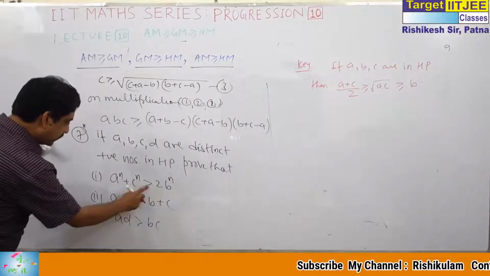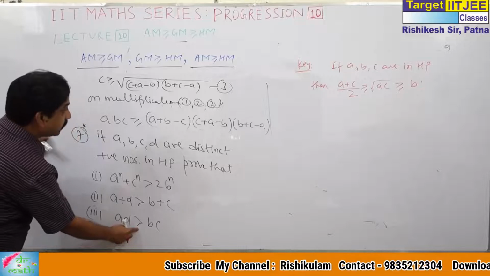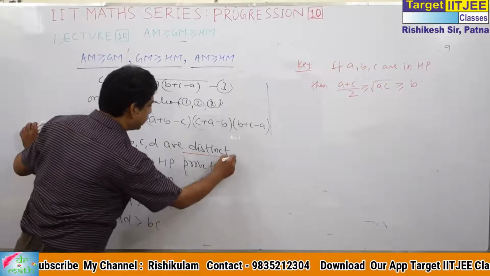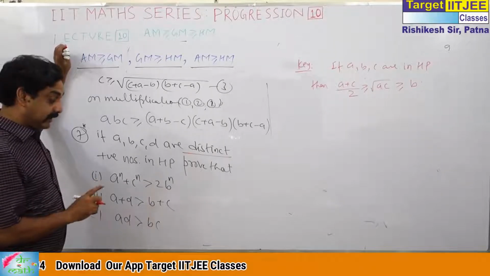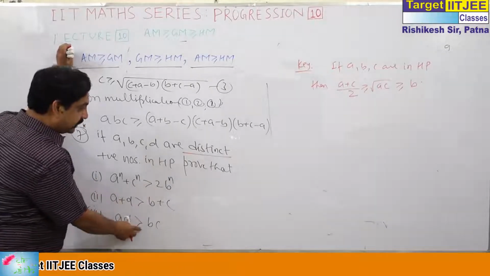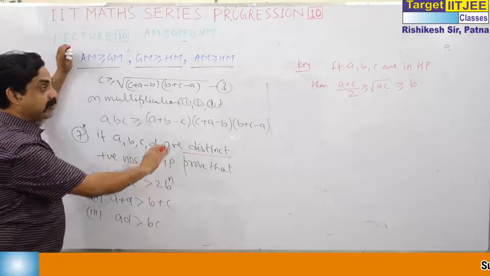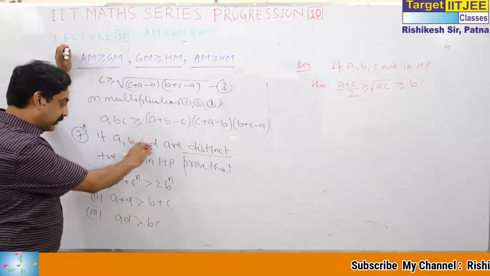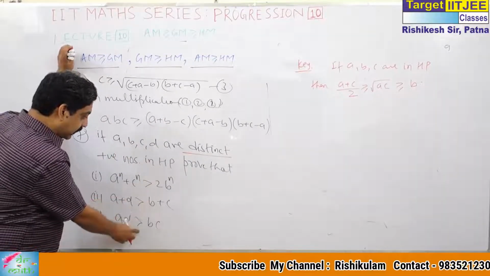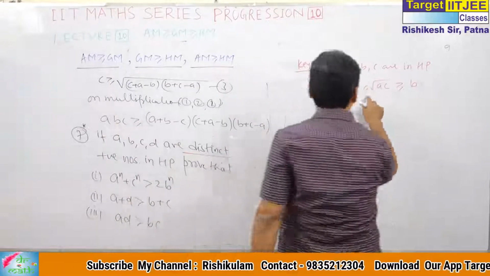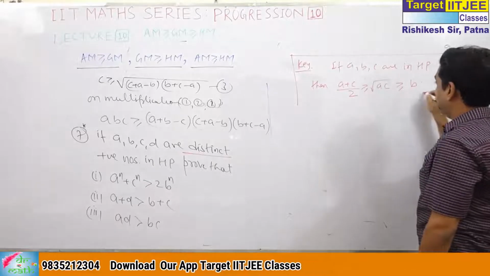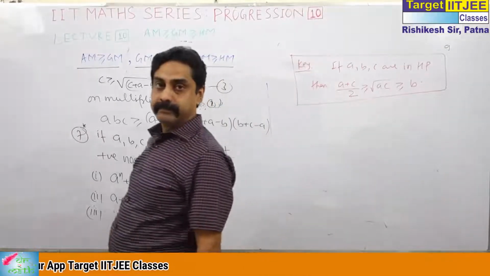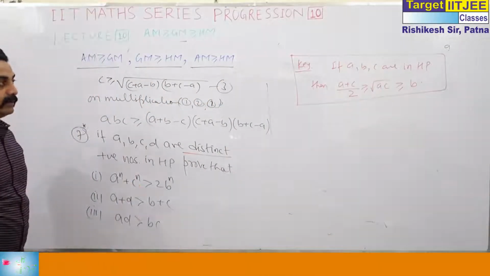I am not taking the sign of equality here because it is written in the question that the quantities are distinct. Just to emphasize what I said earlier, the sign of equality applies when quantities are equal. If distinct quantities are given, then we will not take the sign of equality. If A, B, C are equal, we can take the equal sign. But this is the key point, and a very important point.